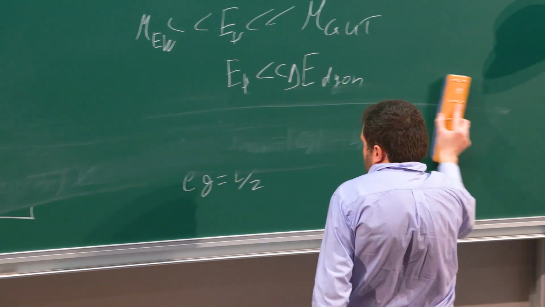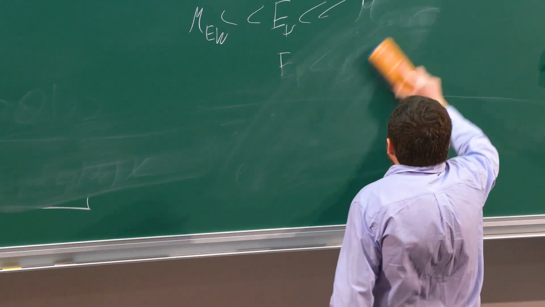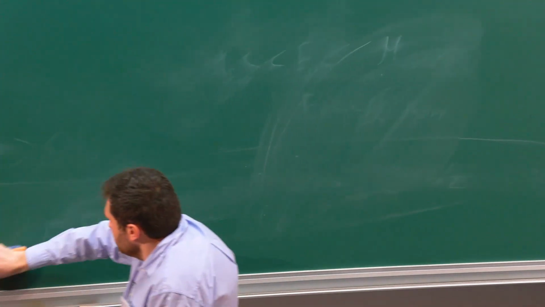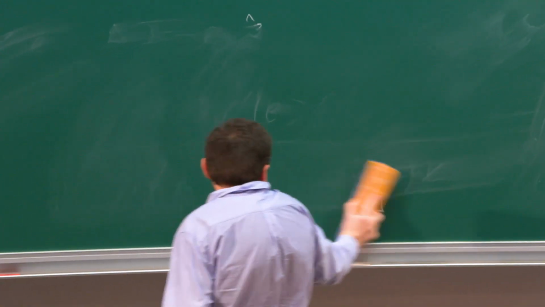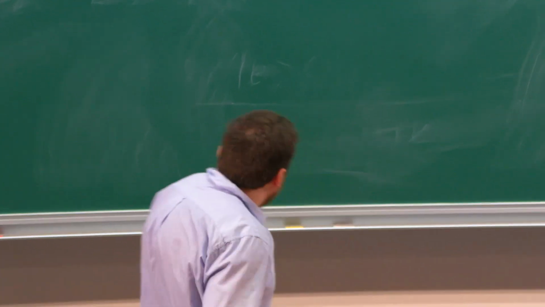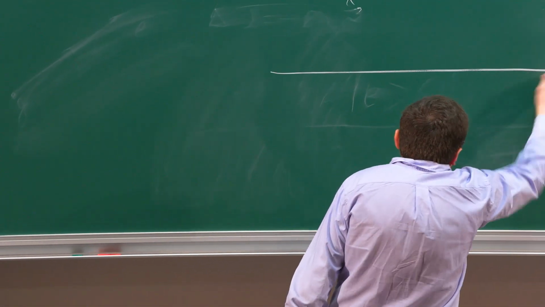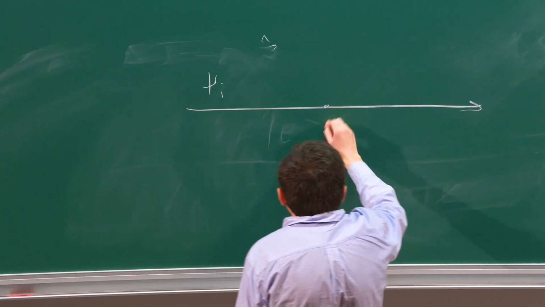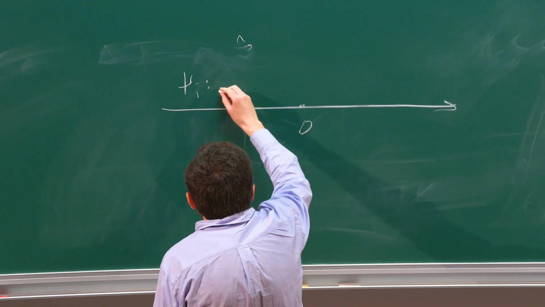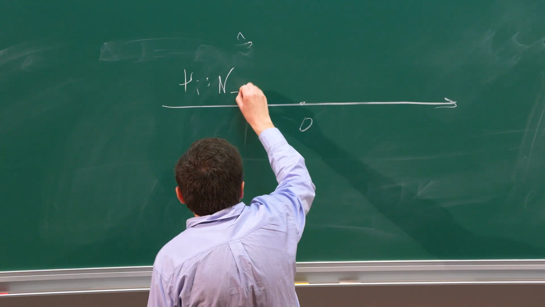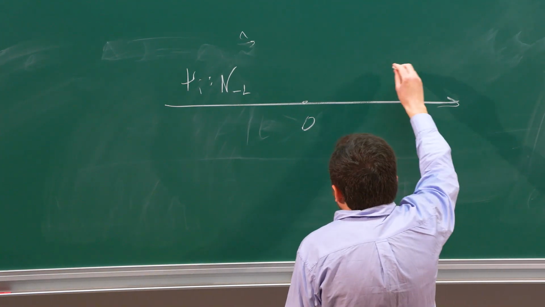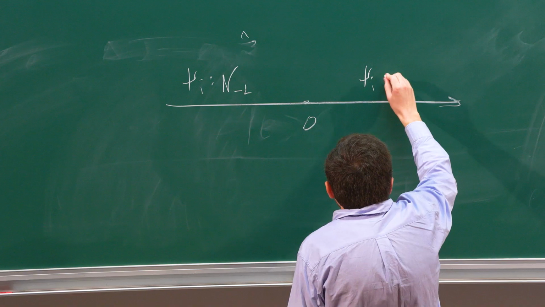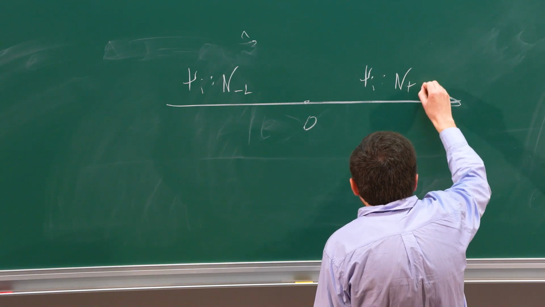And this is just because of how we constructed the system. So we have a psi field such that left of the monopole, under the symmetry group, it transforms in representation n-1, and right of the monopole, it transforms in the representation n+1.